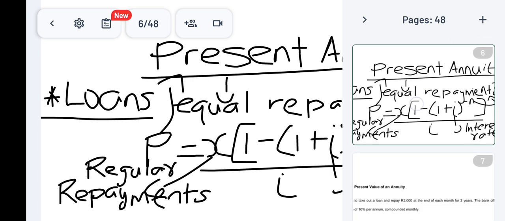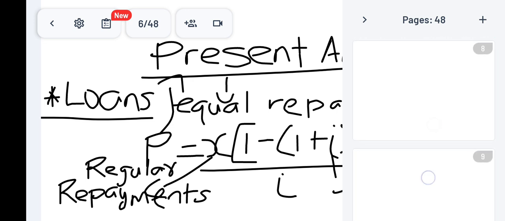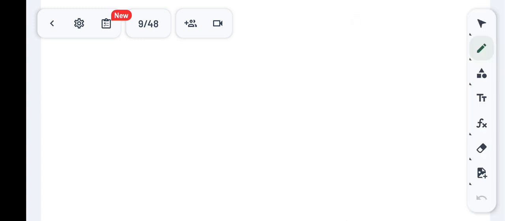I will always advise people to use timelines. But if you don't know how to interpret your timeline, please don't worry about that. I'm going to create a video where we deal specifically with timelines.